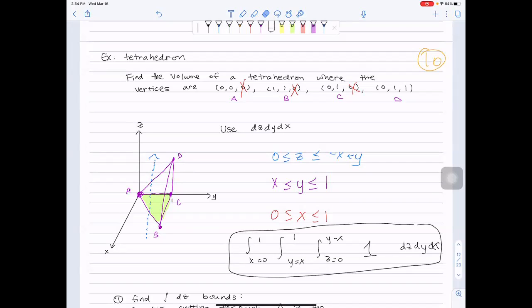Yes? Could you project into the x, y plane, and then also the z, y plane? Yes, you can project to the zy plane. You'd be left with the triangle ABC.